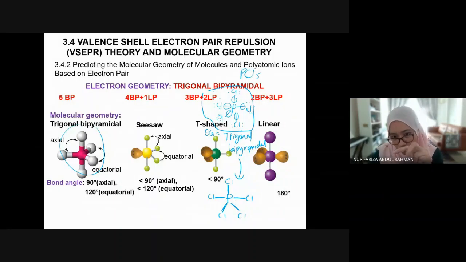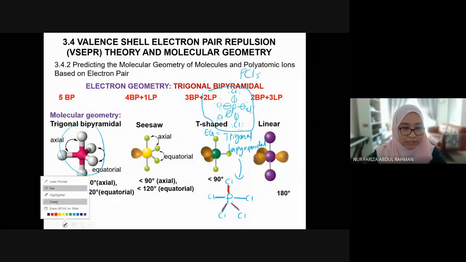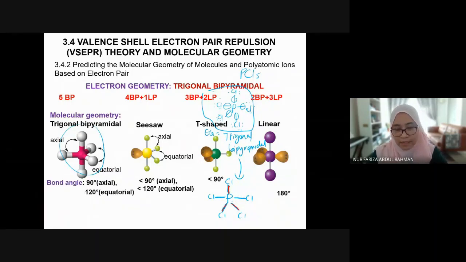So to label the bond angle, the moment you have this is the axial, and this is the equatorial. Maybe I can replace with another color, the red color. So the red color represents the equatorial and the blue is the axial.